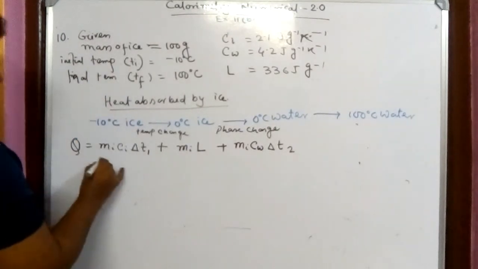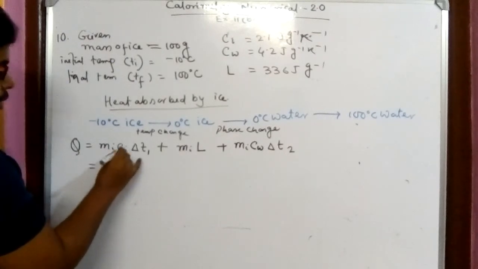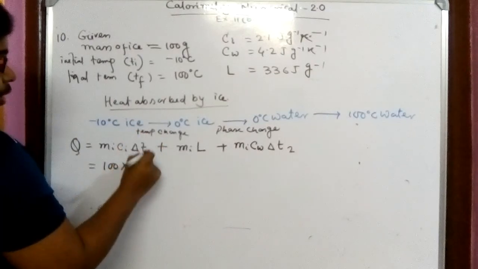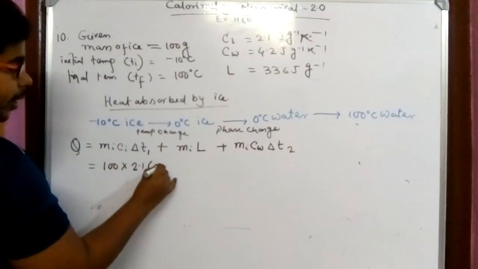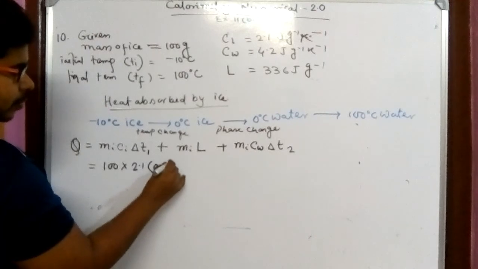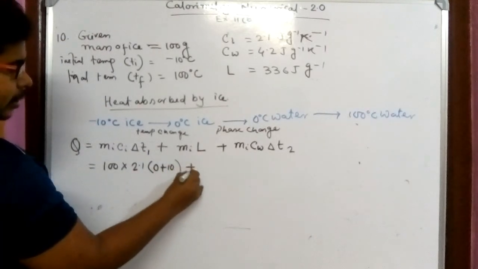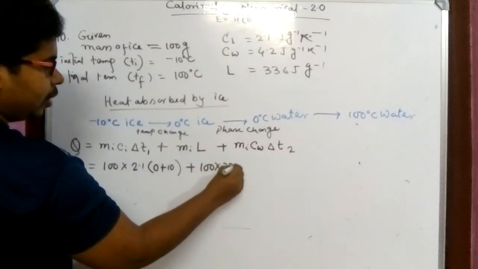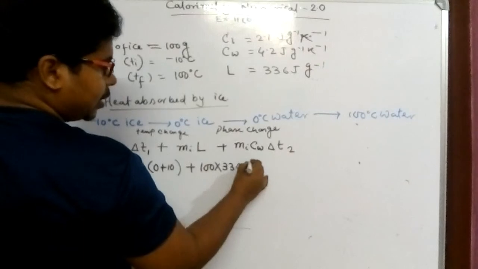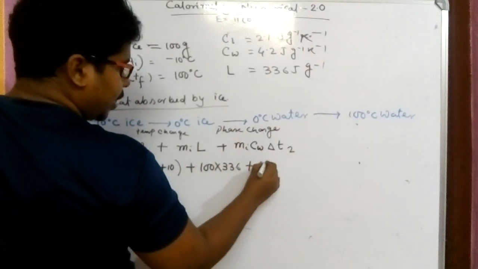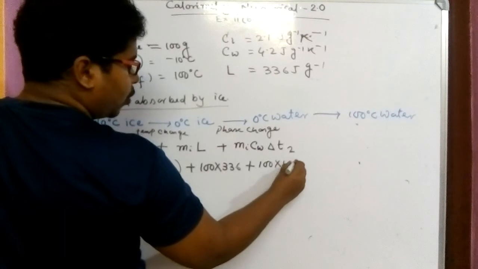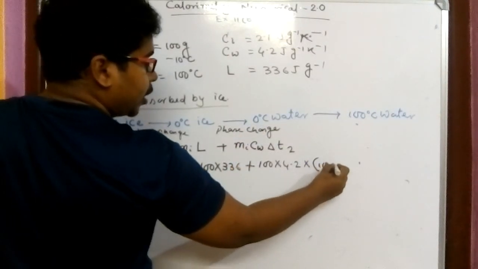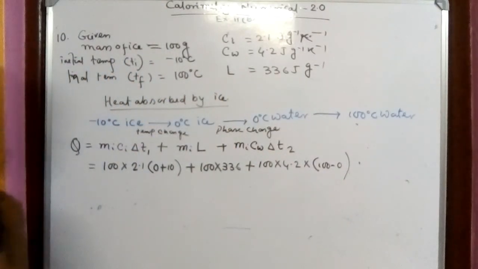Now put the values. Mi, 100, into Ci, 2.1, into the temperature difference, that is 0 minus of minus 10, so plus 10. Plus Mi into L, so 100 into 336, plus Mi, that is 100, Cw, that is 4.2, into 0 degree to 100 degree, so temperature difference 100 minus 0.